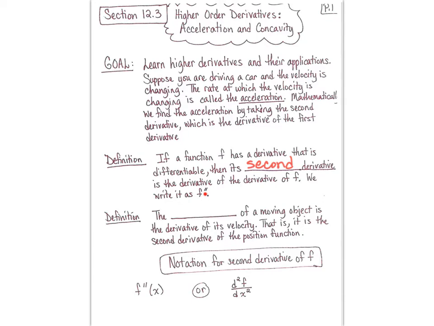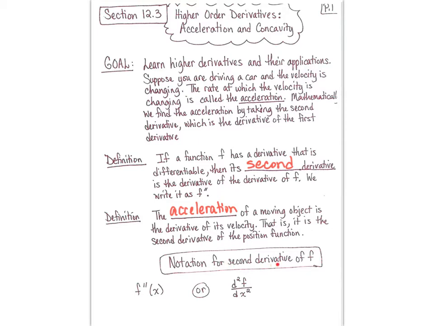The two ticks here means you're taking the derivative twice. Next definition, the acceleration of a moving object is the derivative of its velocity. That is, it is the second derivative of your position function.